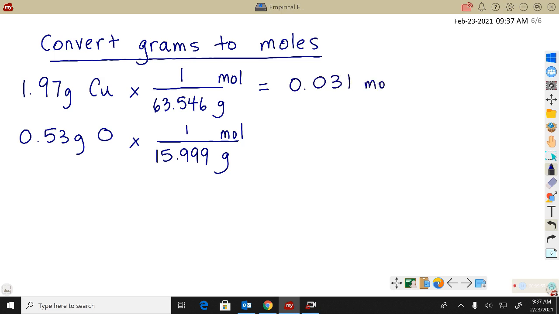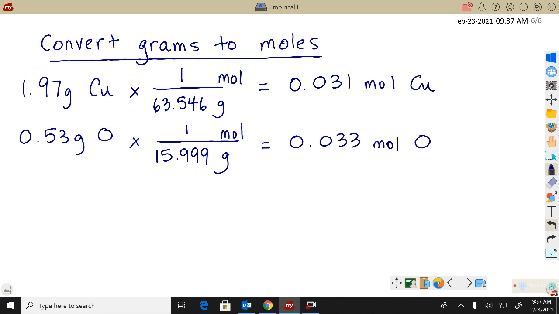And that would be moles of copper. Then we're going to do the same thing with the oxygen. 0.53 divided by 15.999, and I get about 0.033 moles of oxygen.